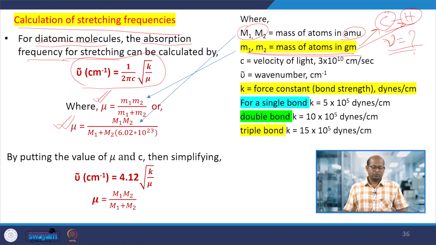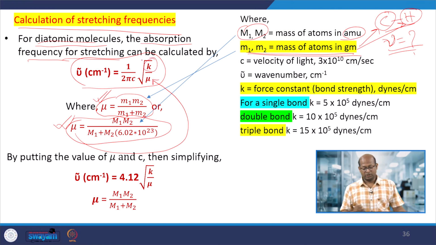Once it is in terms of grams we can use these expressions, and when it is in terms of AMU we can express in this way, and then whatever mu comes, we can put here. Here small k is called the force constant, that we can use.